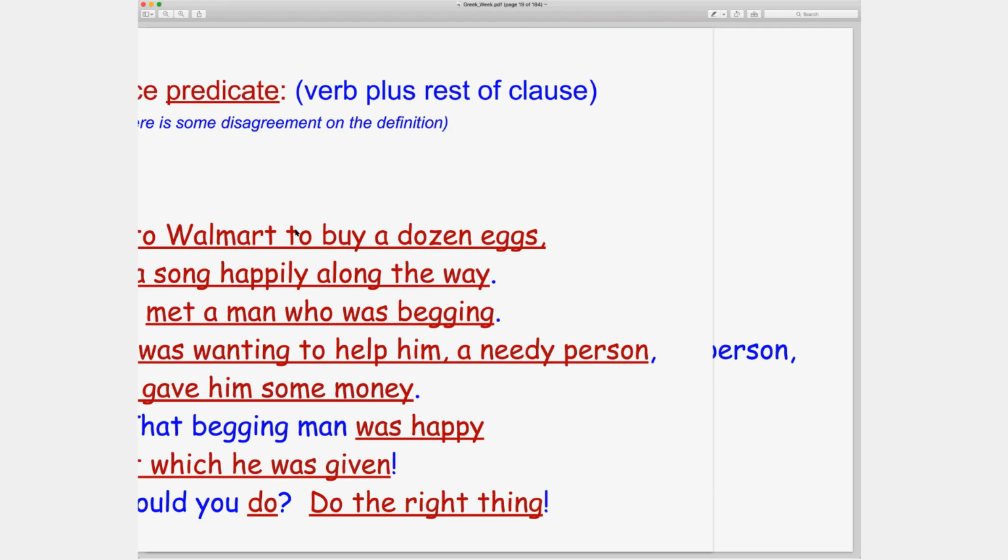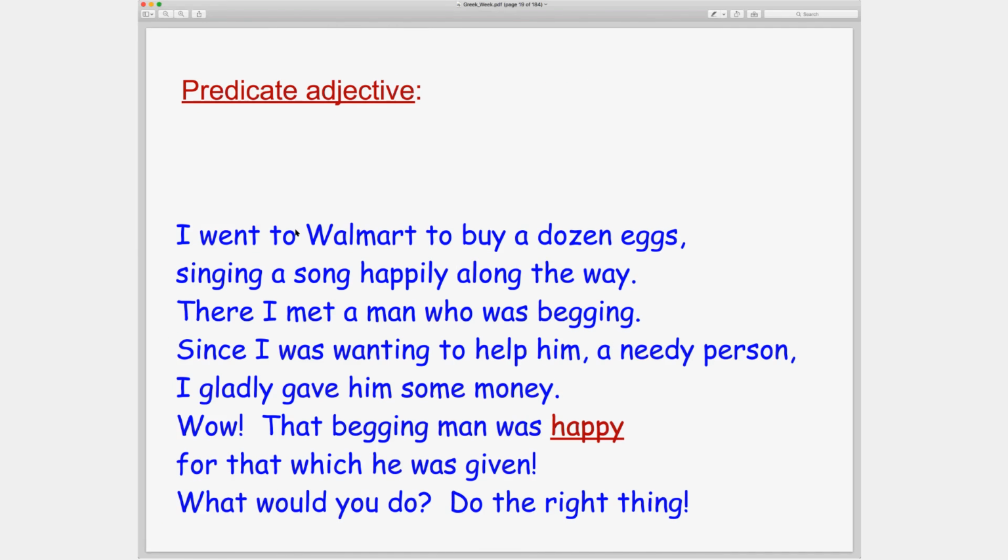And I showed there's a predicate adjective. It's after the word was. An adjective is happy. I'm not saying the begging man is a dog or what his name was. I'm saying he's happy, which describes man.